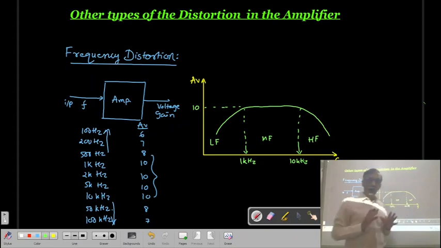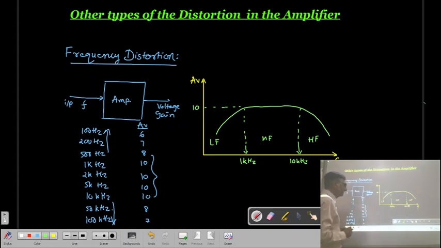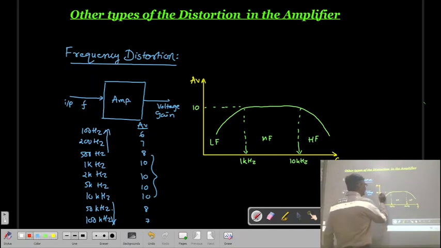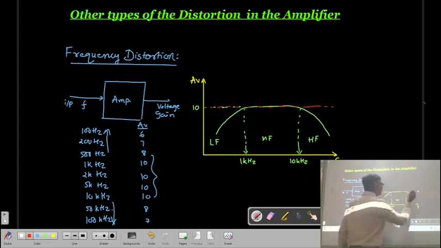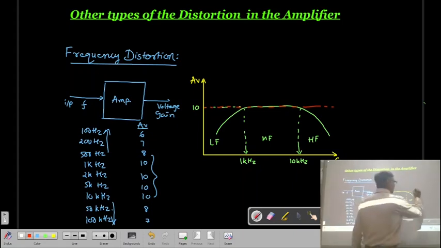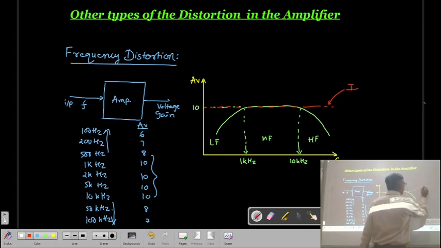If we have the ideal amplifier, remember, then the frequency response curve will be flat. Means whether you apply a lower frequency or a high frequency, the gain of the amplifier will be constant.